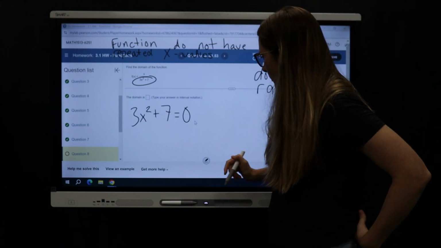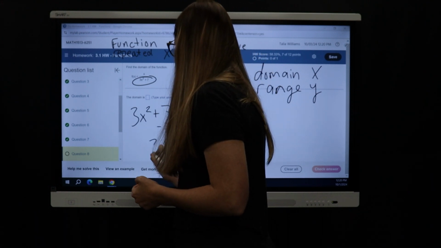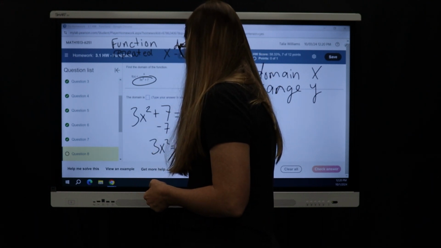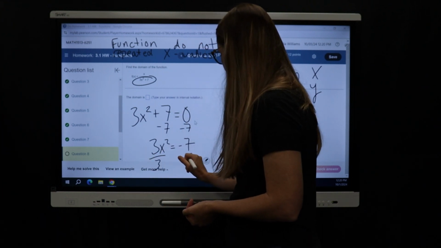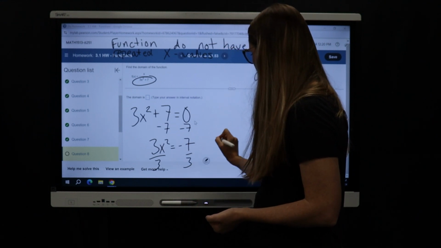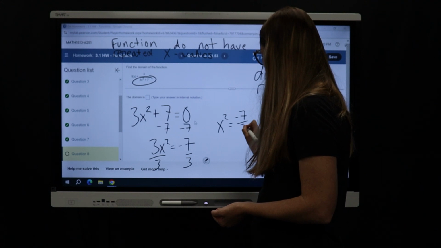So let's go ahead and solve this. We're going to subtract our 7. So I'd have 3x squared equals negative 7, divide by 3. And I would get x squared equals negative 7 over 3.